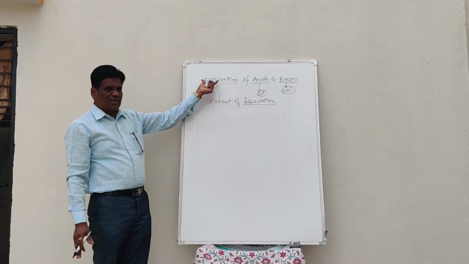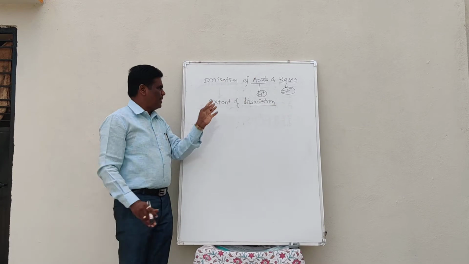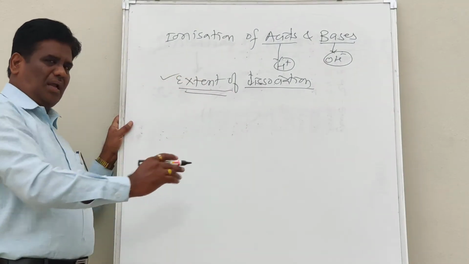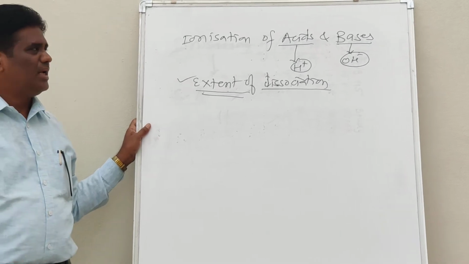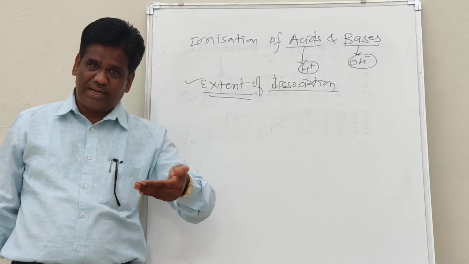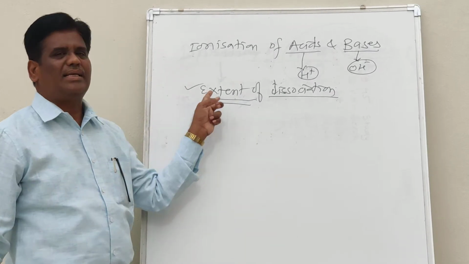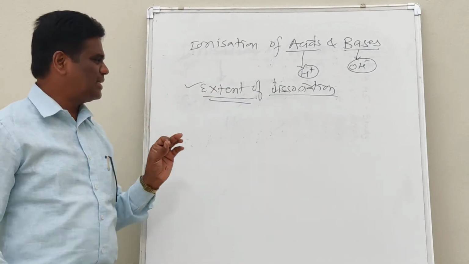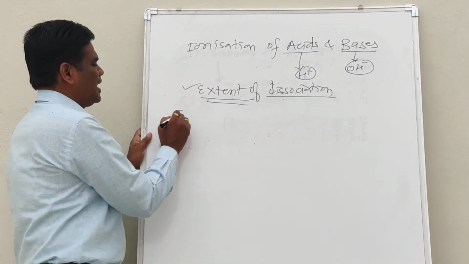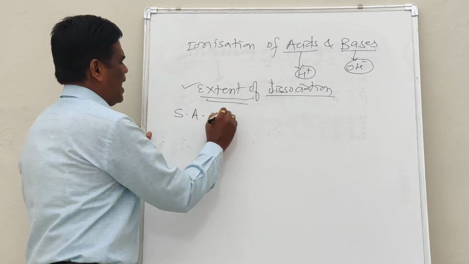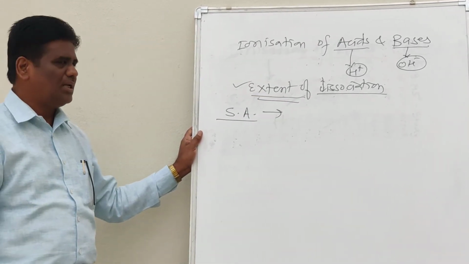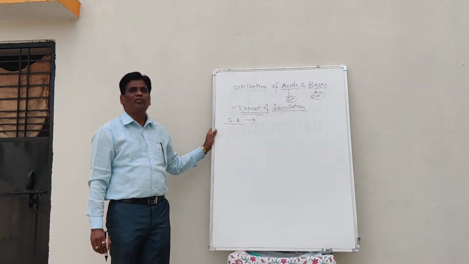If it dissociates completely, then this nature is called strong nature, and if it dissociates to a lesser extent, then it is called weak nature. Therefore, acids and bases, on the basis of their extent of dissociation, are classified into strong acid, weak acid, strong base and weak base.